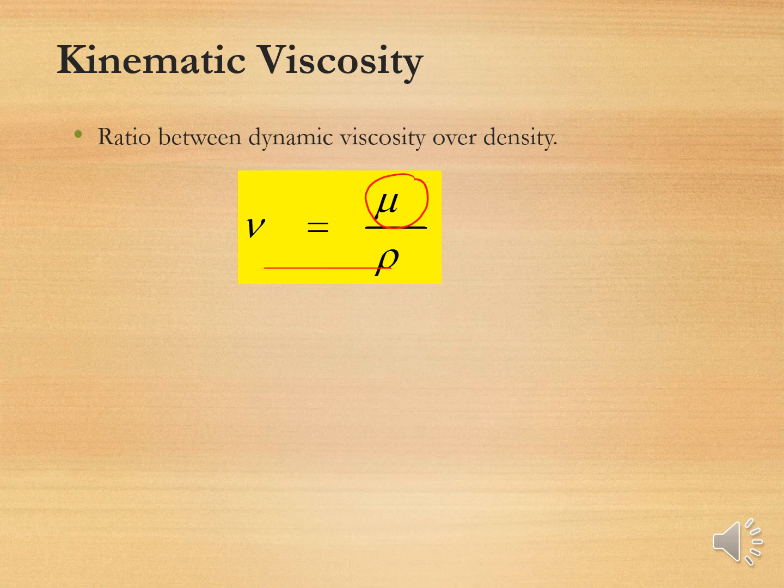You can get it from the equation of shear stress, which equals dynamic viscosity times delta V over delta Y. So this is the dynamic viscosity, and we use this correlation to determine the kinematic viscosity by just dividing by the density.